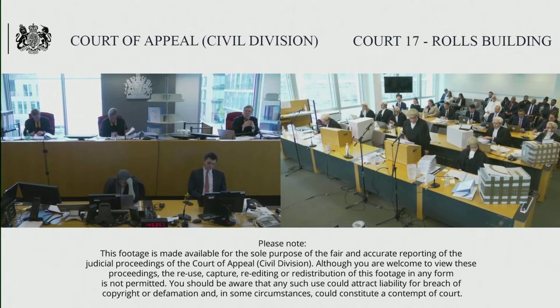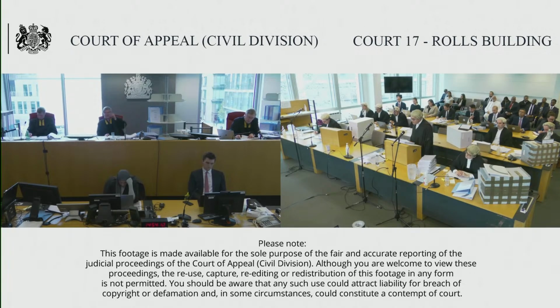And our case as pleaded is focused on corruption. I'm not going to read out all the passages in the pleading, the re-amended particulars of claim, but paragraph 69A Roman 2 and Roman 3 and 69M Roman 1, 2, 3 and 4 are all pleas of corruption and bribery.